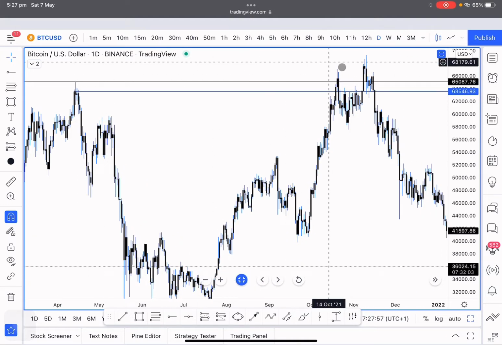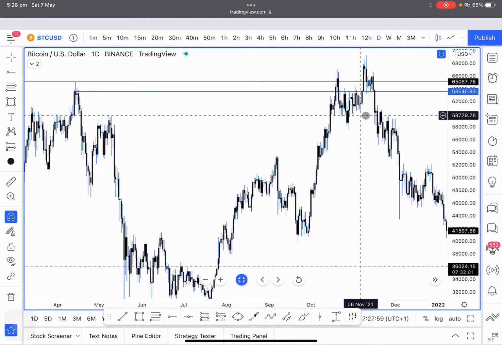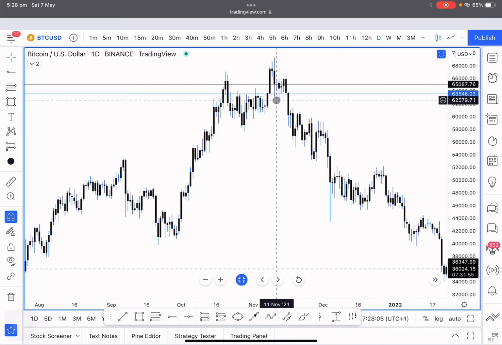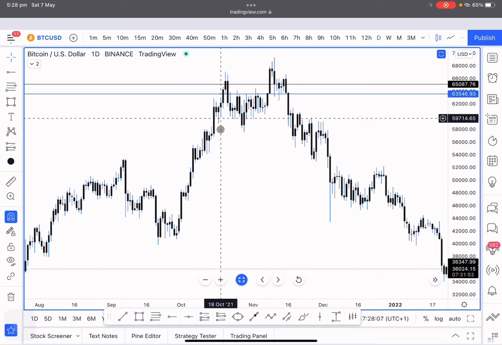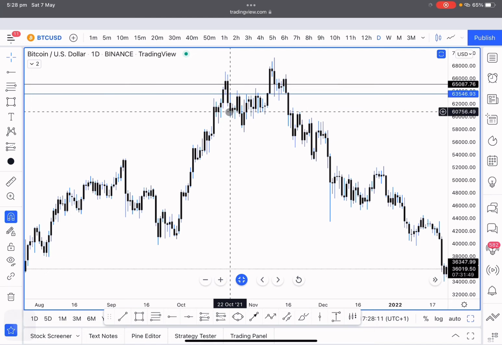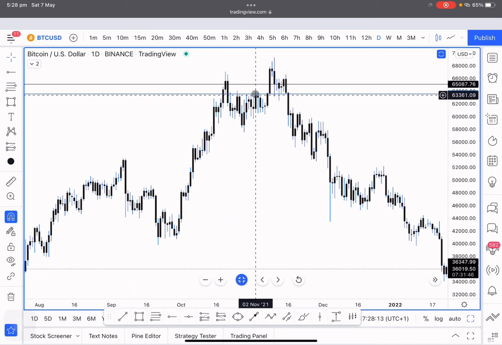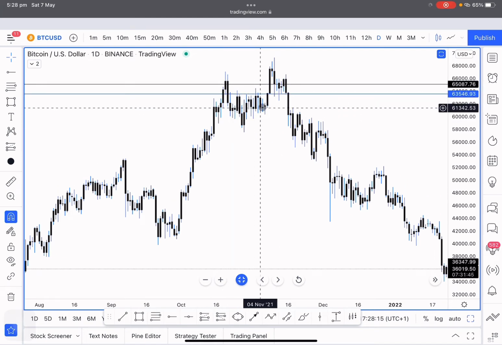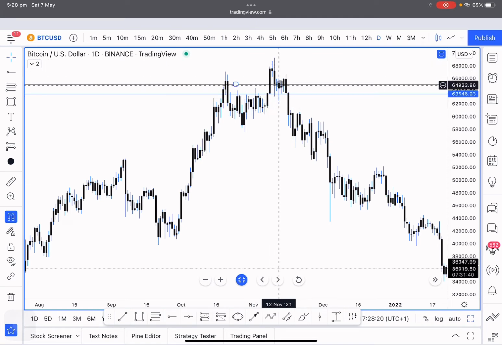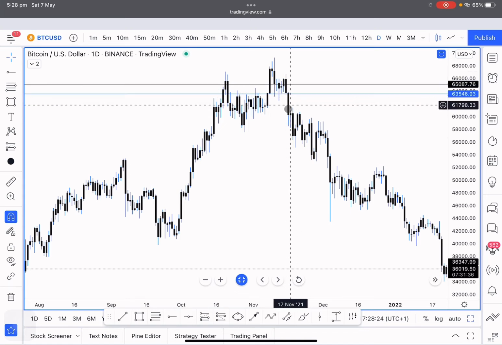That gives me a nice little range to work between. You can see how here it played around and rejected this daily line. Even here when it broke through, straight back, another bearish engulfing, rejected that line multiple times. Eventually it breaks through, but then comes straight back down, and the price trades in between.